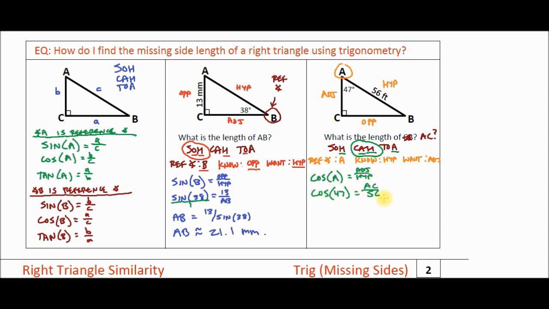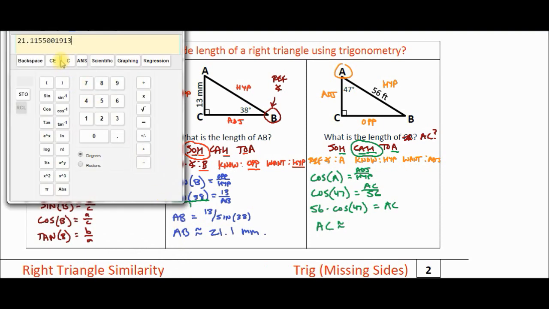If I multiply both sides by 56, then the 56 cancels on the right and moves over to the left. So this is the same as 56 times cosine of 47 is equal to AC. Let's go ahead and put that in our calculator. AC is going to be approximately, let's pull up our calculator, and I'll clear this.